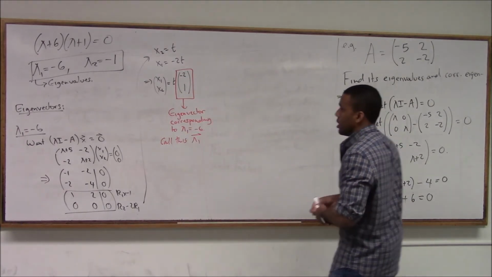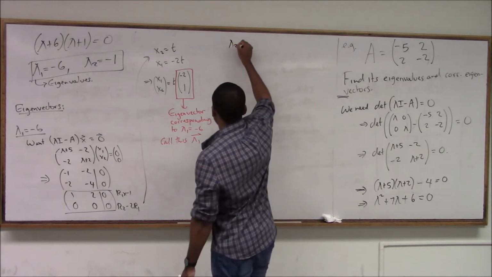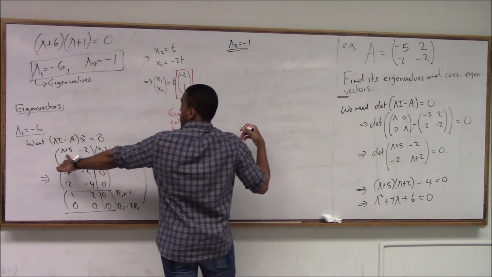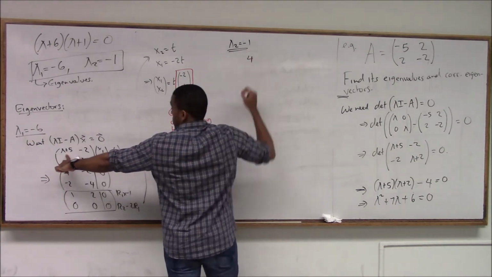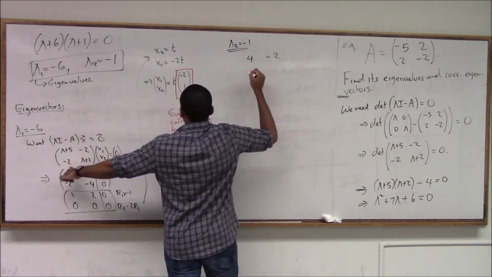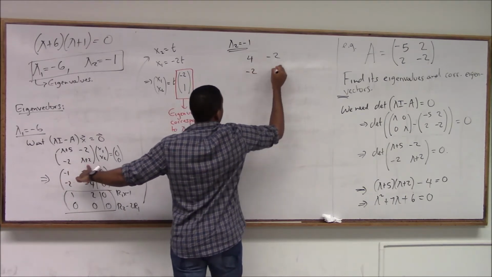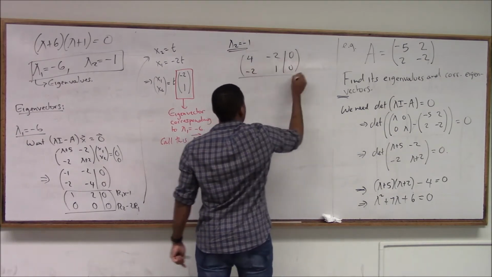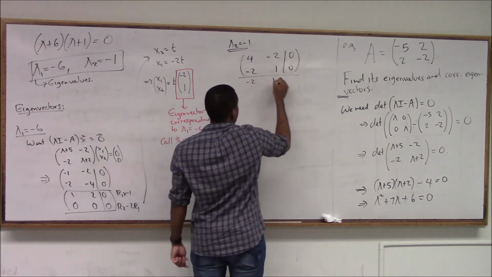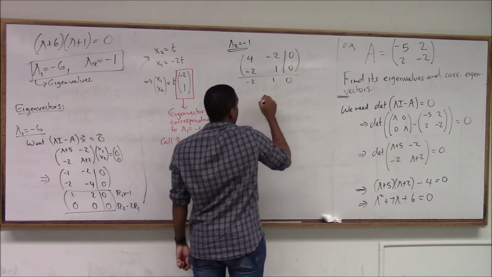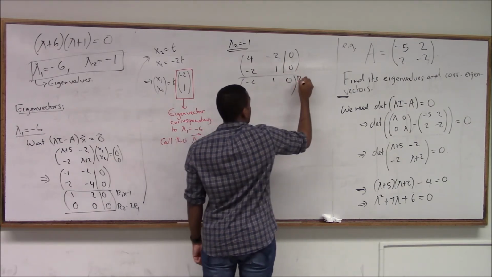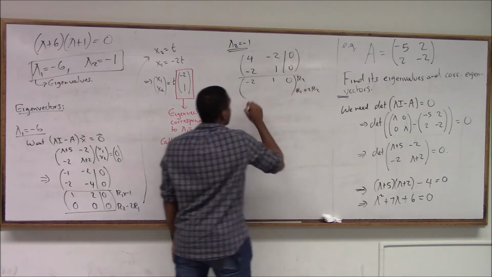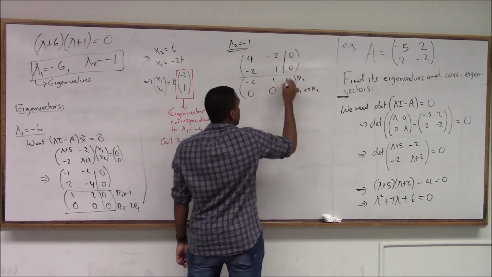Okay. And you do this for the other one as well. So for lambda 2 equals minus 1, I'm going to do the same thing. I'm going to plug in minus 1 here. That's 4, minus 2, minus 2, 1, and so that's going to be minus 2, 1, 0, 0, 2. So what I can do here is take row 1 plus 2 row 2. That'll be 0, 0, that'll be 0.